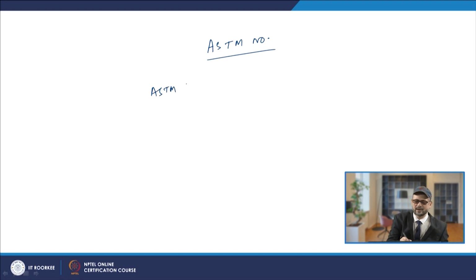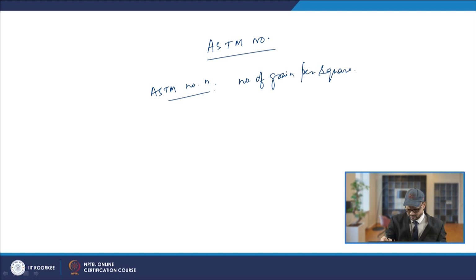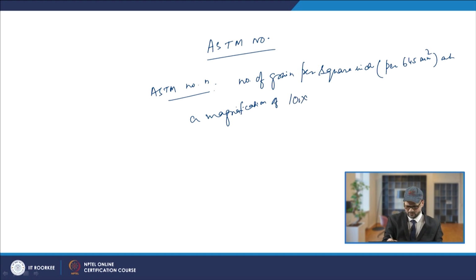ASTM number n means the number of grains per square inch, that is per 645 mm square, at a magnification of 100x, and the number of grains is equal to 2 raised to the power n minus 1. So, this is basically the definition for the ASTM number n.